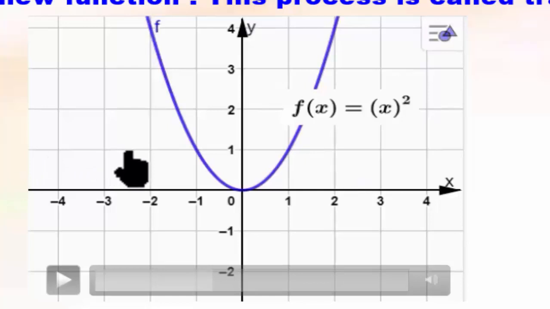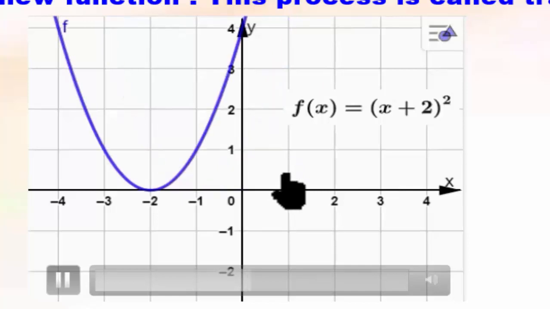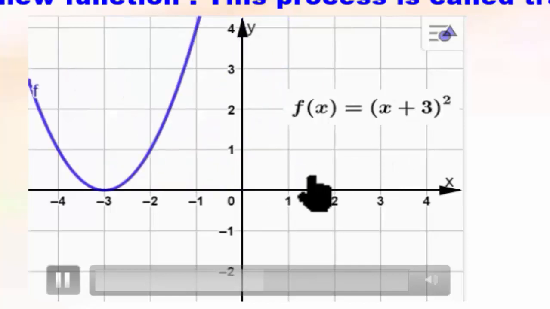Now if we move it to the left side, you can see that the function changes to f(x) equals (x plus 1) squared. If 2 units, it becomes (x plus 2) squared, and 3 is (x plus 3) squared.